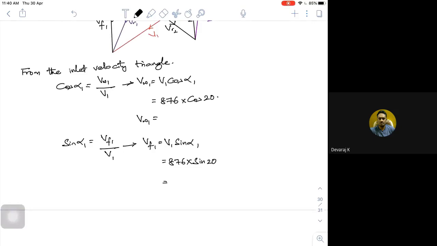So if I substitute, 876 into cos 20, I'll get my VW1. I put it in my calculator, 876 into cos 20, I'm getting 823 meters per second. Then 876 into sin 20, I'm getting around 299.61 meters per second. I got this.